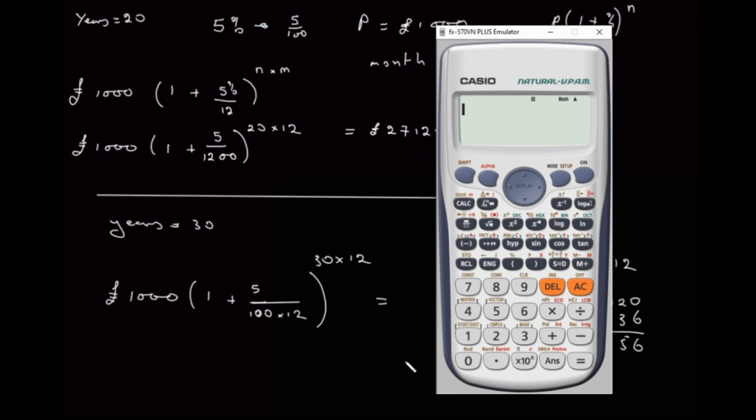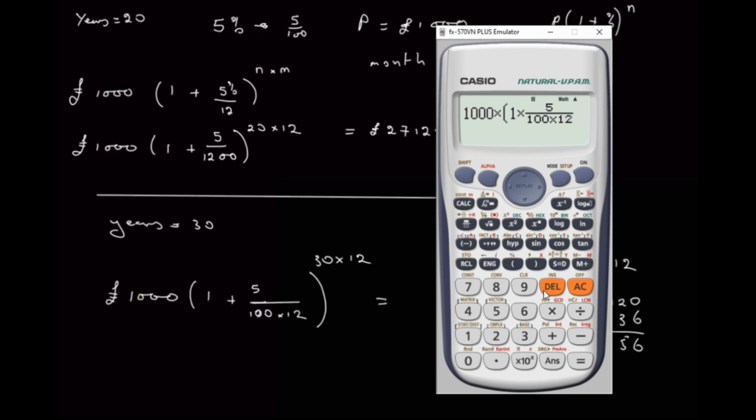We have a principal sum, 1000. Multiply that by what's in the bracket, 1 plus. And I'll put it in as per this. Using fraction format, we have 5. Come down, we have 100. That's 5%, but then we divide it by the 12, which is multiplied by 12 here.